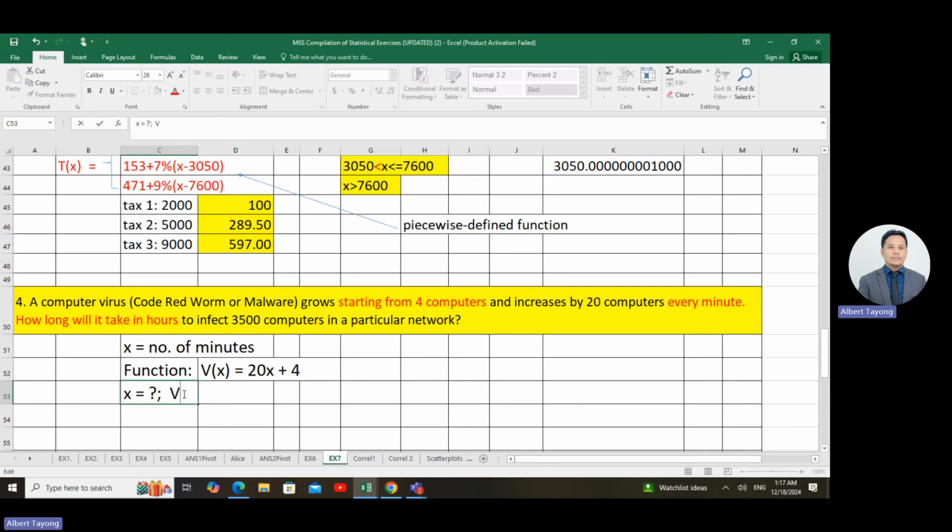So v of x is equal to 3,500. It means v of x here is the number of computers or PCs affected by the virus. That is your y. This is equal to your y.